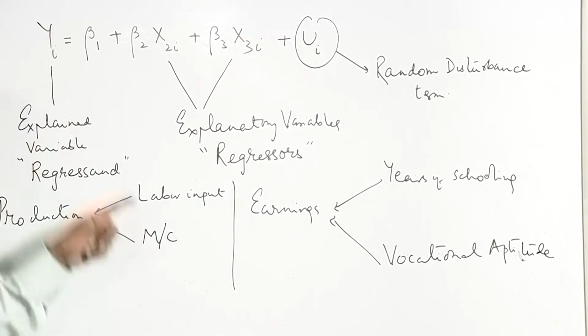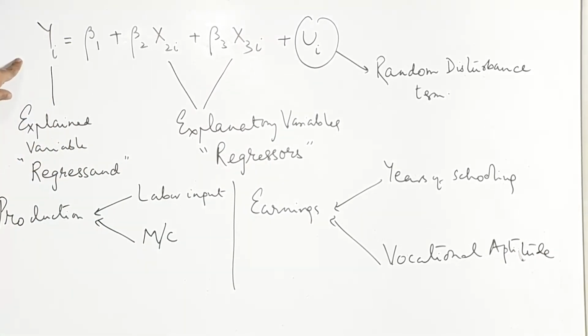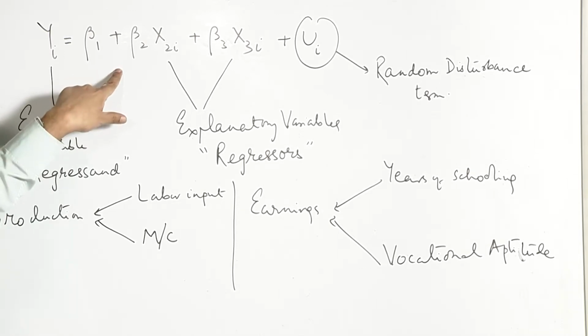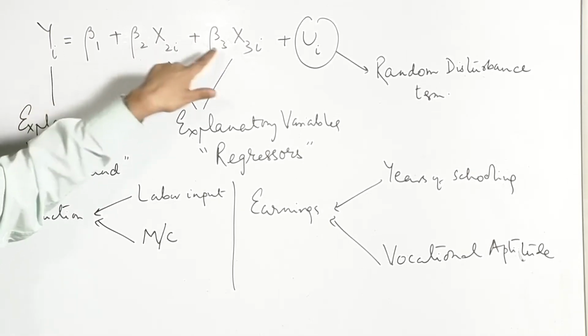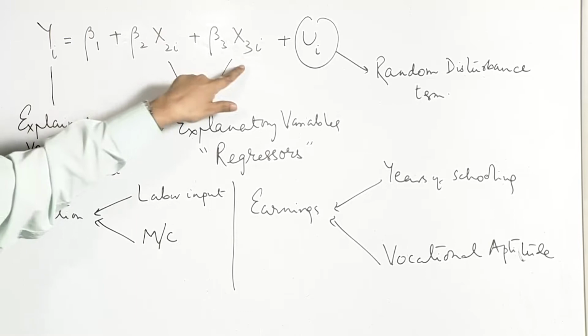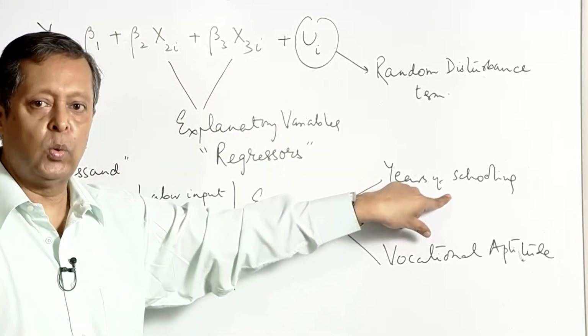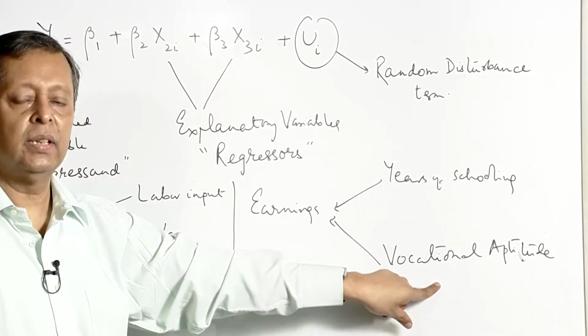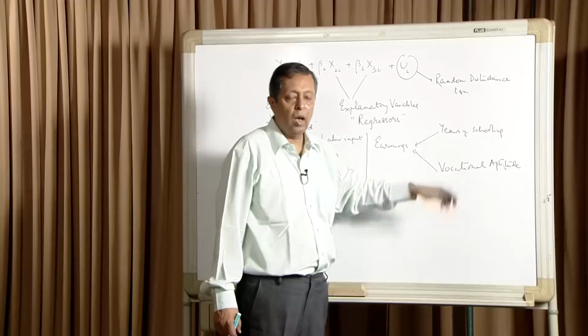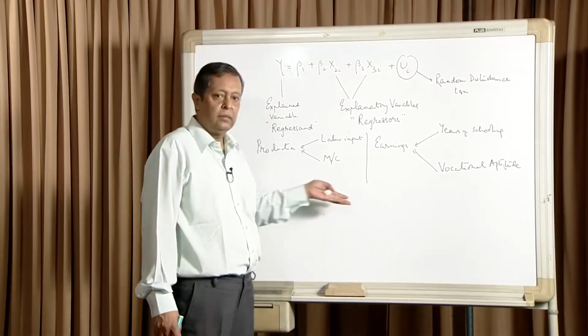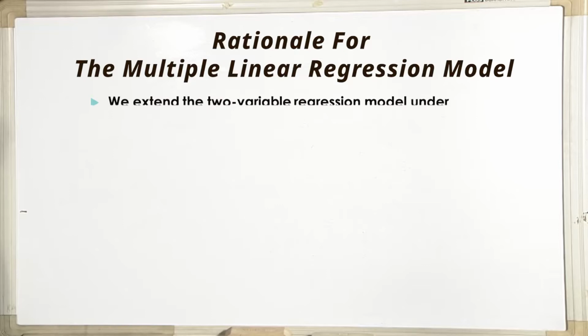So, once again, the explained variable y is dependent on 2 explanatory variables x 2 and x 3. One could be years of schooling, the other could be vocational aptitude. We will now go further and deeper into the model.